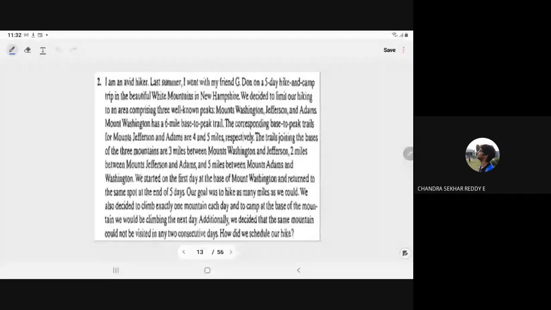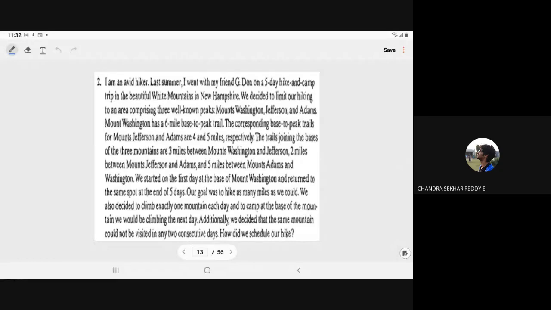So here it is written, the trails joining the bases of the three mountains are 3 miles to Mount Jefferson, 2 miles between Mount Jefferson and Adams, 5 miles between Mount Adams and Washington.